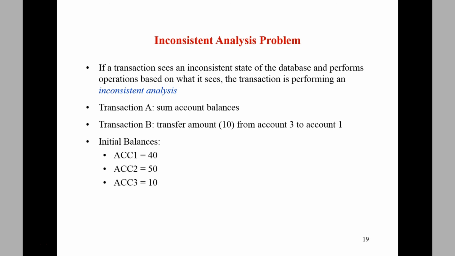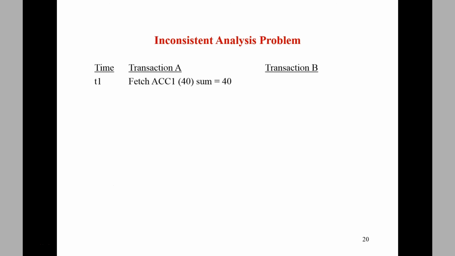Let's examine the problem in some detail, given this background. At time T1, transaction A fetches account 1, which has a balance of 40, and says, okay, the cumulative sum that I'm producing is, of course, 40. I've looked at only one record. It's allowed to do another fetch, and fetches account 2, value of 50, the sum is now 90.